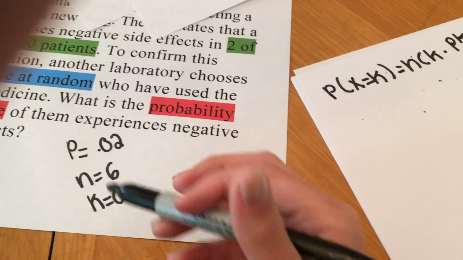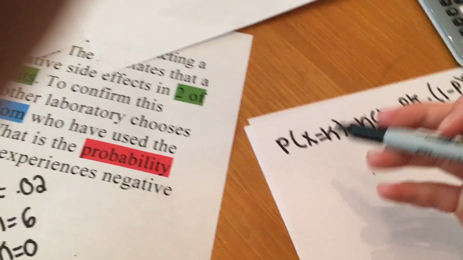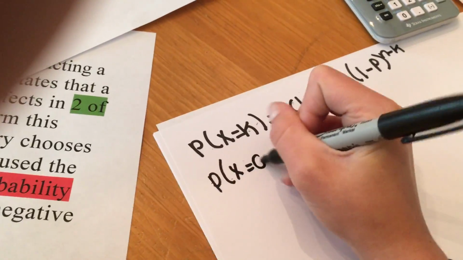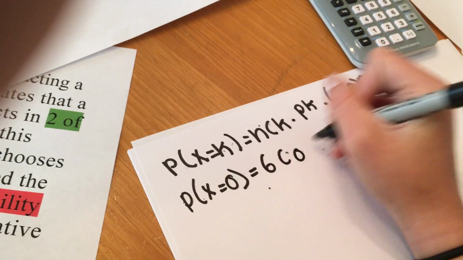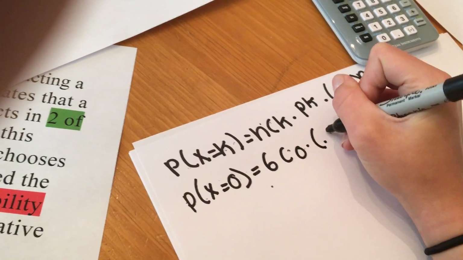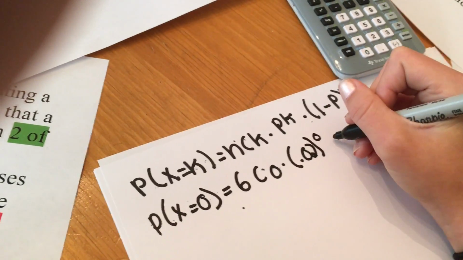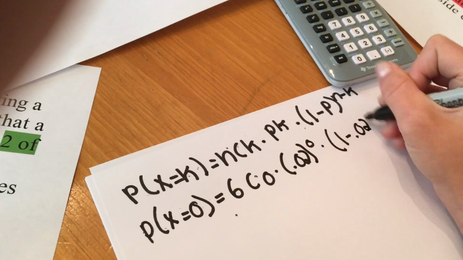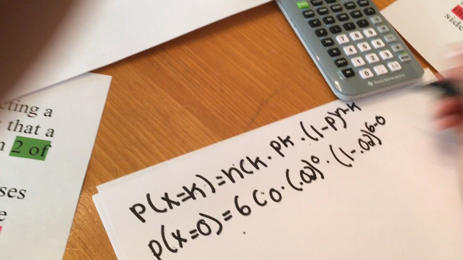And then you simply plug back the values that we found within the problem into the equation. So you would have P(X = 0) equals 6 choose 0 times 0.02, which is our probability, 2%, to the power of 0 times 1 minus 2% to the power of 6 minus 0.